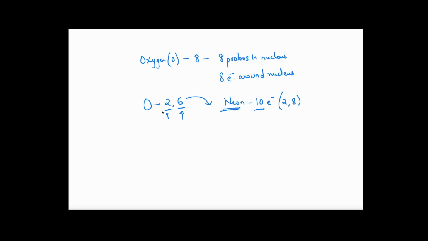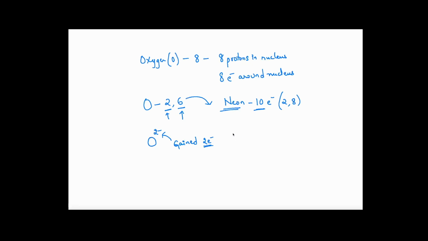So oxygen atoms usually tend to accept 2 electrons so that they can also attain the electronic configuration of neon and can hence become stable. So when oxygen gains 2 electrons, we denote it as O2-. This indicates that this oxygen atom has gained 2 electrons.